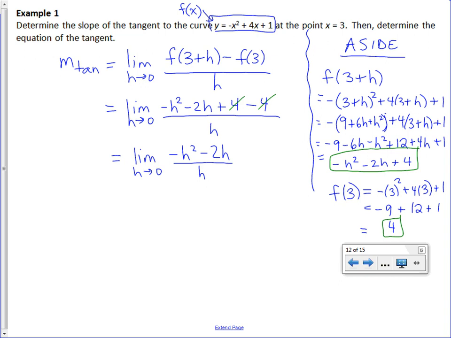Now, at this point, if I said you're simplifying this rational expression, what are some strategies we've learned from the past year to simplify rational expressions? Looks like this. You could factor that numerator. What you could do, factor out of negative h squared minus 2h, negative h, open bracket, leaving you with h plus 2.